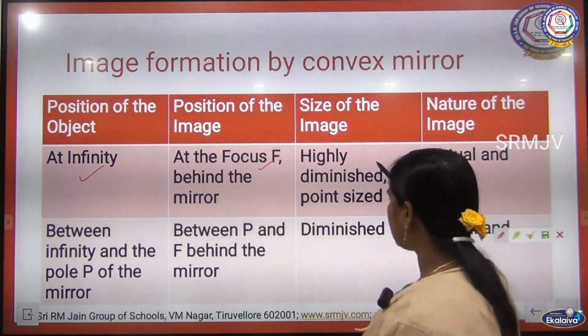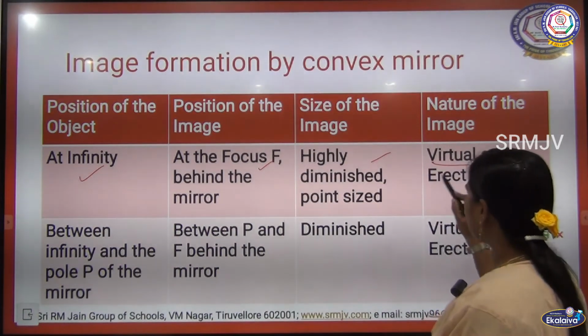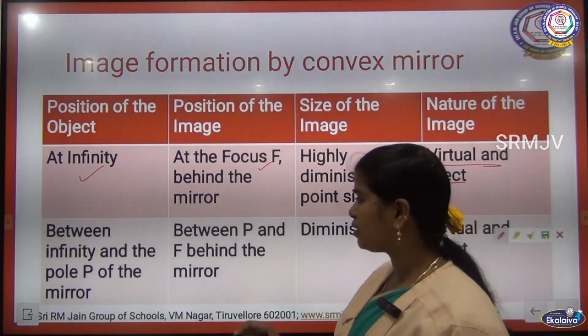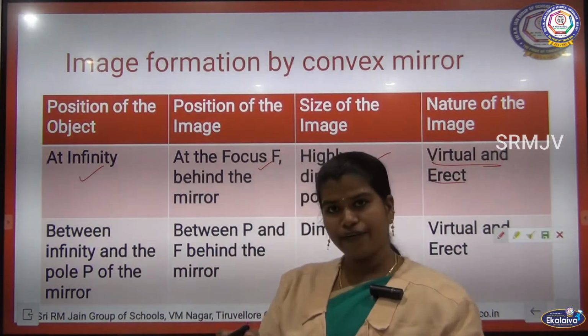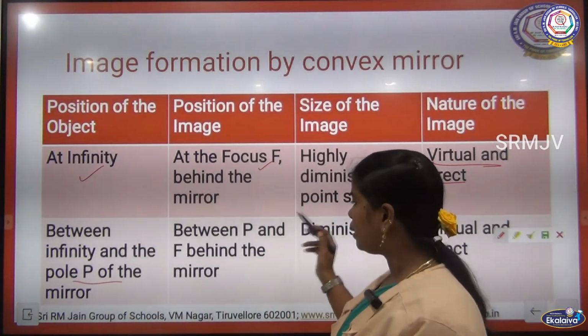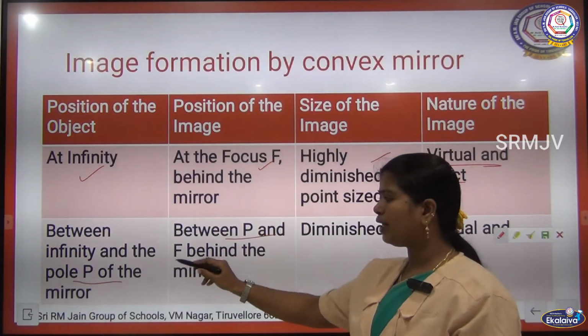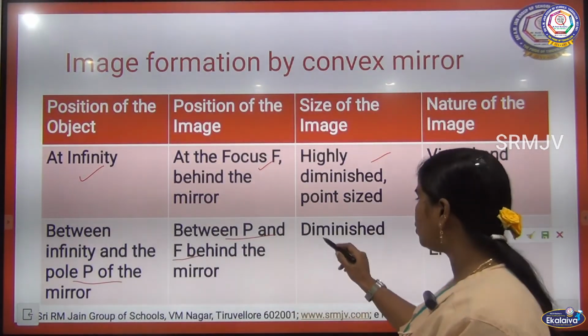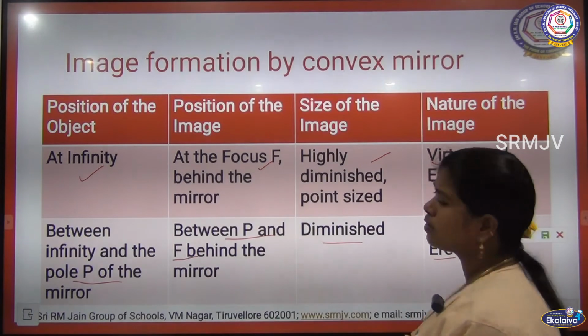It is highly diminished, point sized, virtual and erect. And from infinity to the pole, wherever we keep the object, the image will be formed between the pole and F behind the mirror, and it is always diminished, virtual and erect.